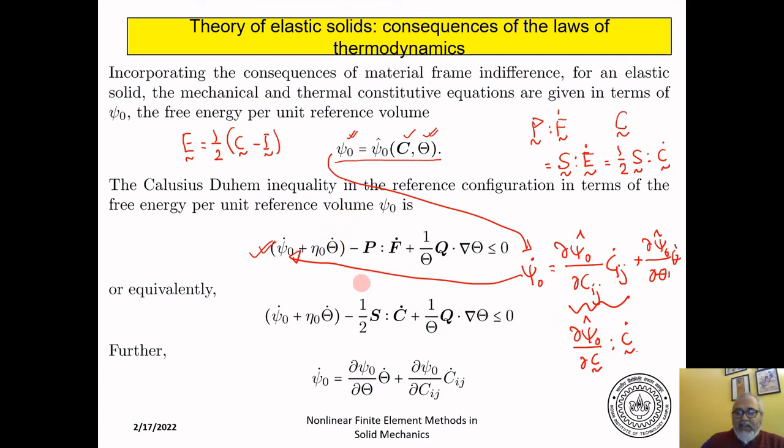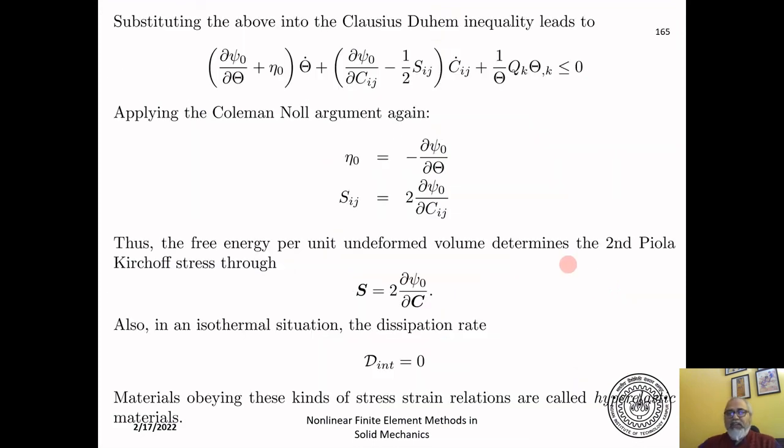Again, I will plug this into this equation. So I have theta dot here, and I have C dot here already. This C dot will club with this C dot term, and this theta dot term will club with this theta dot term, and what I will get is this. So I have clubbed the theta dot terms together, the C dot terms together, and the rest of the terms are here.